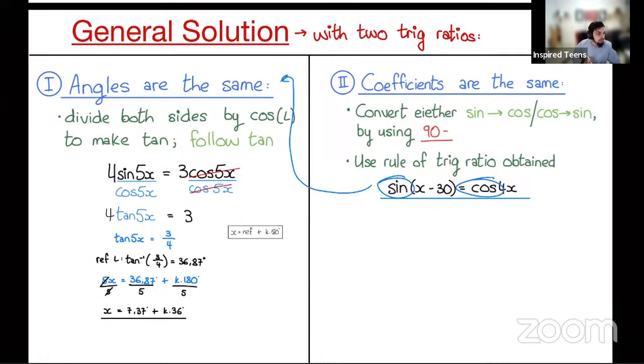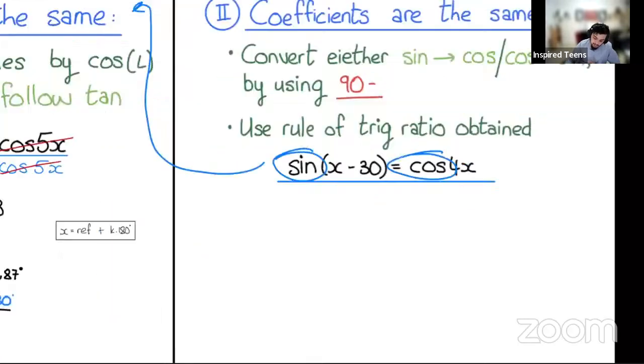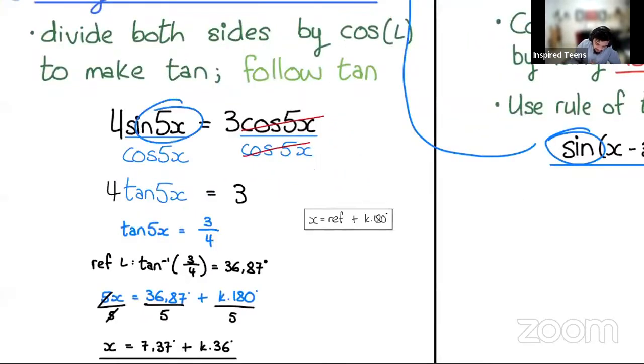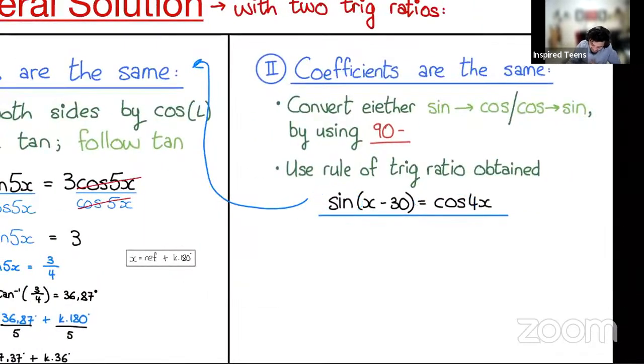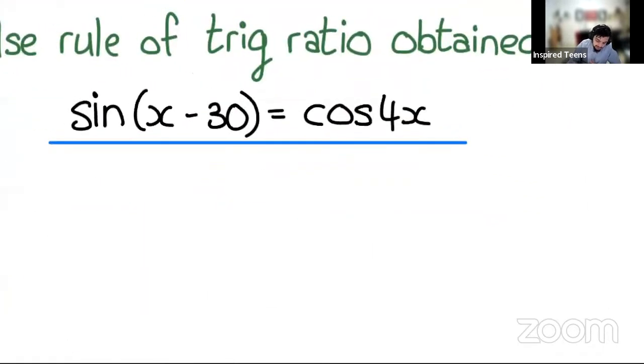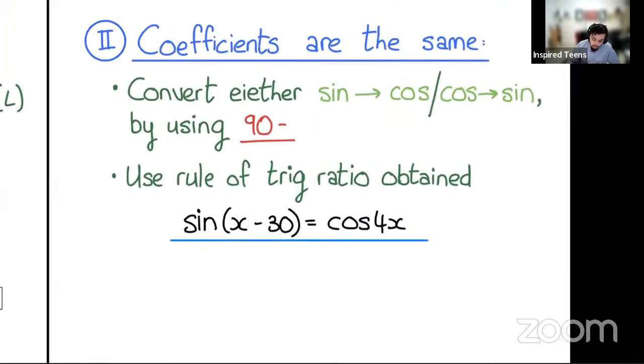Step 1, the first rule, asks: are the angles the same? In the first one, it worked because the angles were the same. But in the second one, we can see that the angles are not the same. This angle is x minus 30. This angle is 4x. The first one will not work.